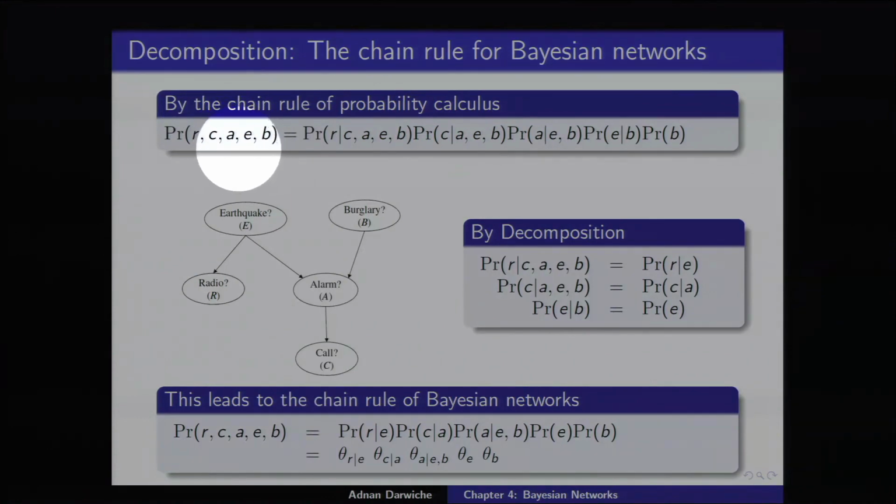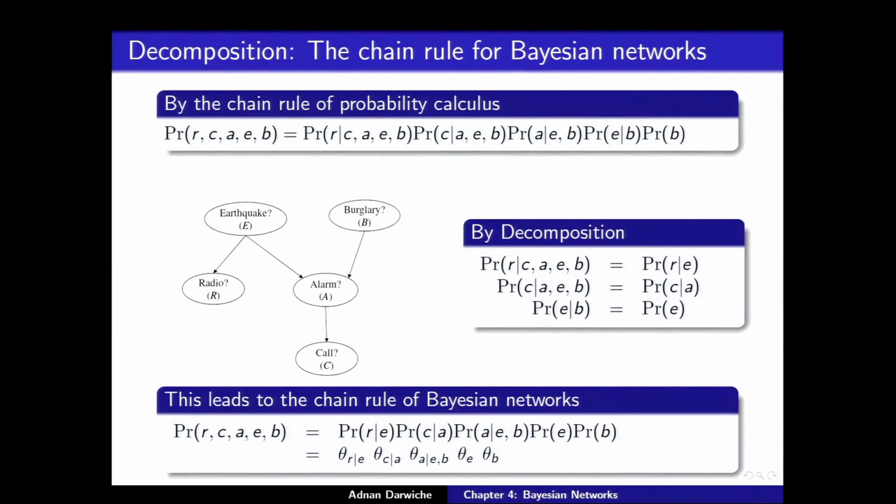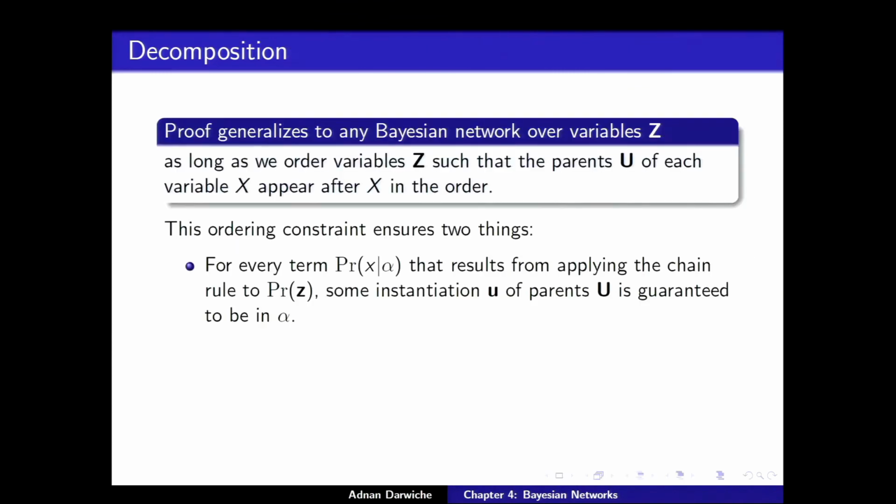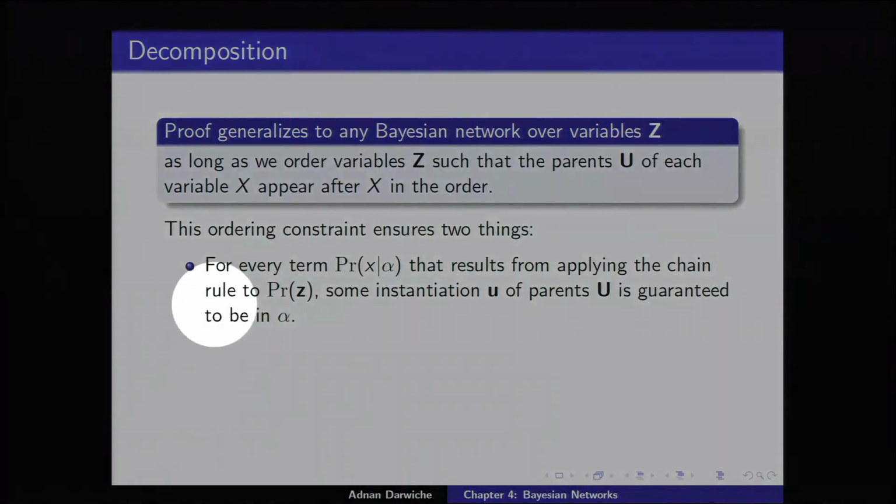If they're not ordered according to the way that I'm going to mention, this will not go through. You need those to be topologically sorted. The idea is you need to order them so that when you do the chain rule for probability calculus, for every term that looks like this, the parents of X have to appear after the bar.